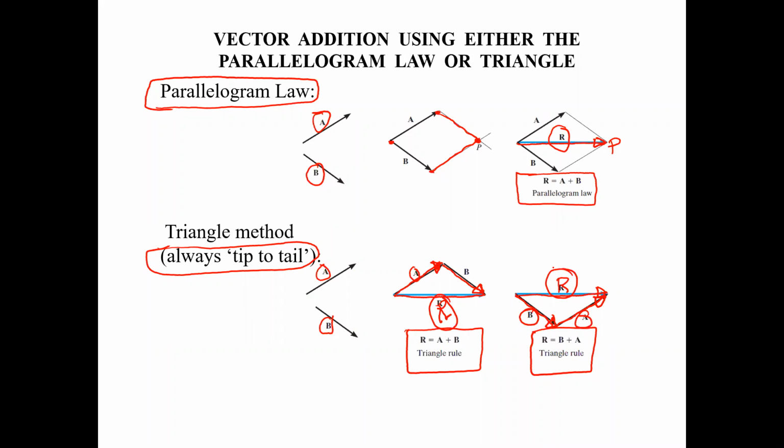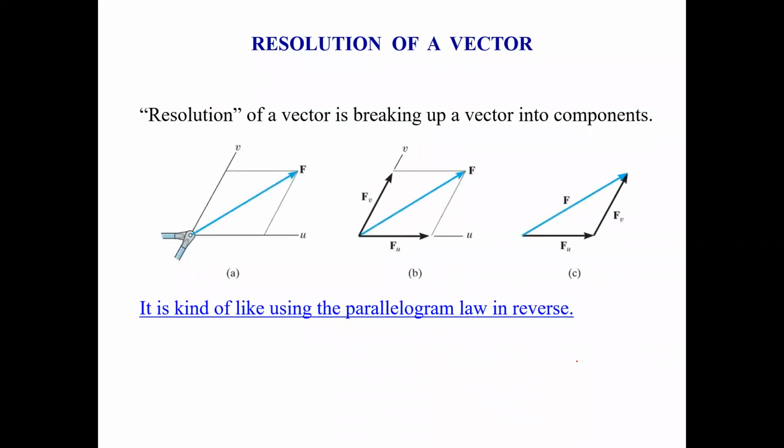Okay, so these are the 2 methods which we use for vector addition, either the parallelogram law or the triangle method. All right. Now let's move forward and talk about resolution of a vector. We just talked about the addition of vectors. Now we are talking about resolution of a vector. So if we have a vector, how do we resolve it into its components?